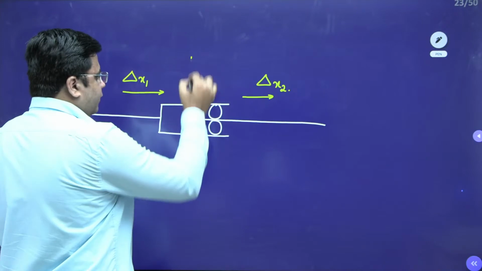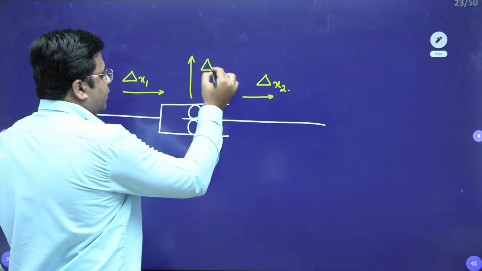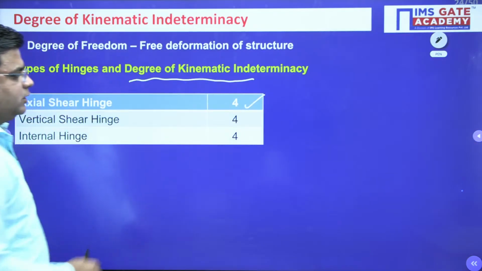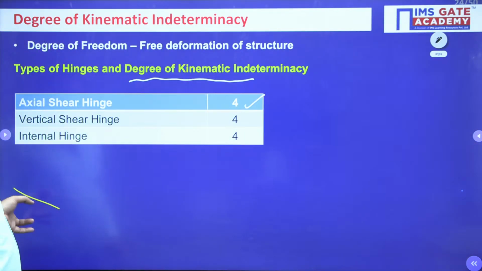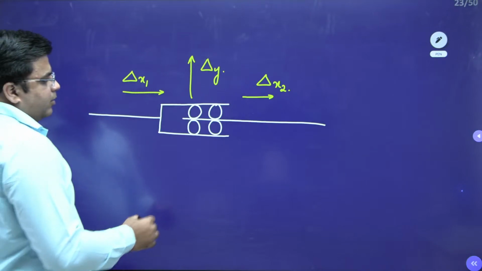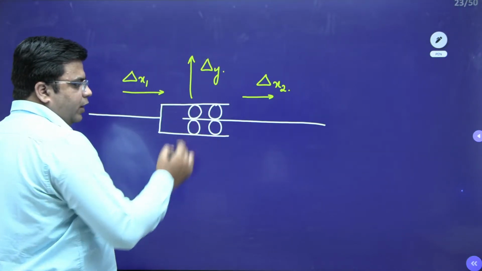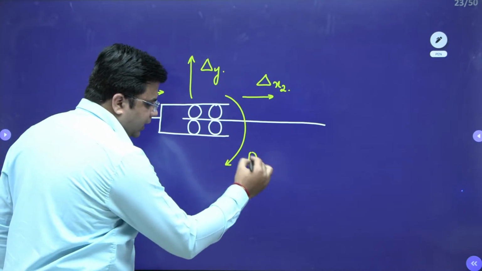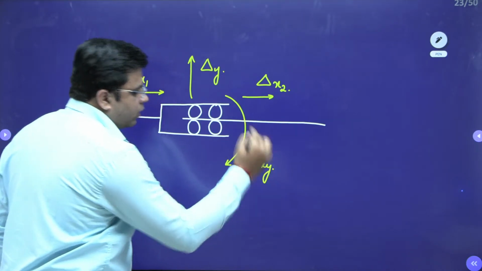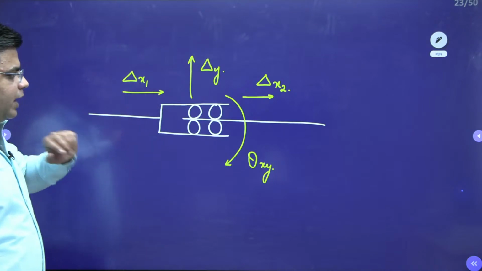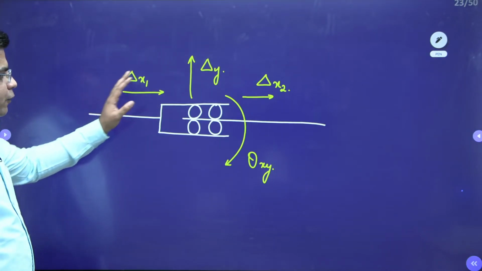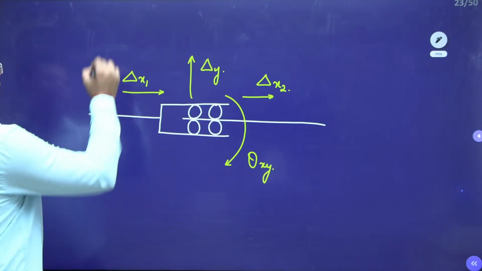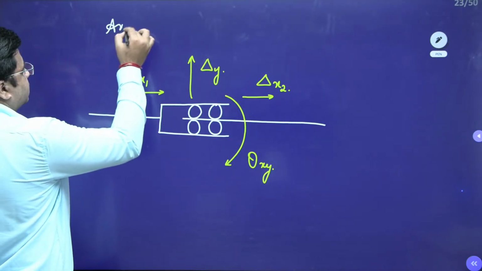Then I have one delta y for this member, right? So for an axial shear hinge, the total kinematic indeterminacy is 4 or degree of freedom is 4. And last one is your rotation, that is theta xy. For your axial shear hinge, these are the 4 different types of movement that are happening. So this is your axial shear hinge.